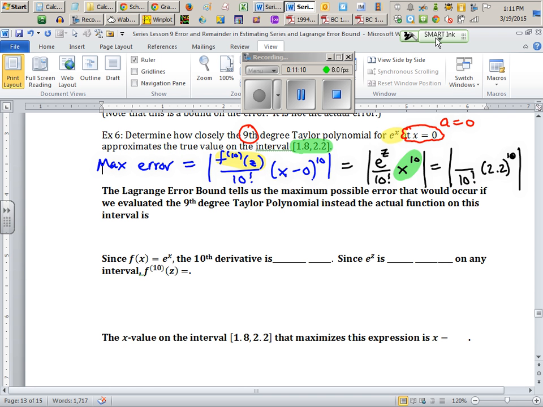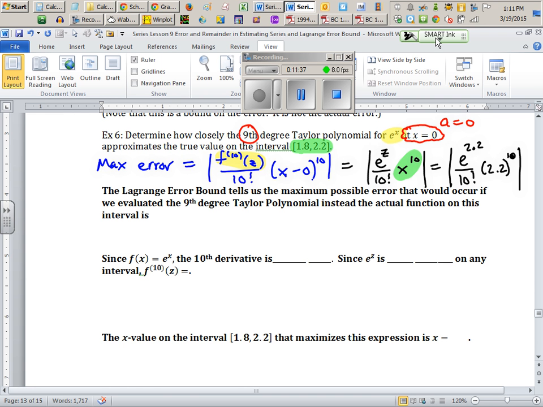Pick any z from 0 to 2.2. But your goal, again, is to maximize e to the z. So if you're trying to pick a z that's between 0 and 2.2, you might as well pick 2.2 again. You're trying to make e to the z as big as possible. So this is just e to the 2.2. So in this problem, the z and the x were actually the same.